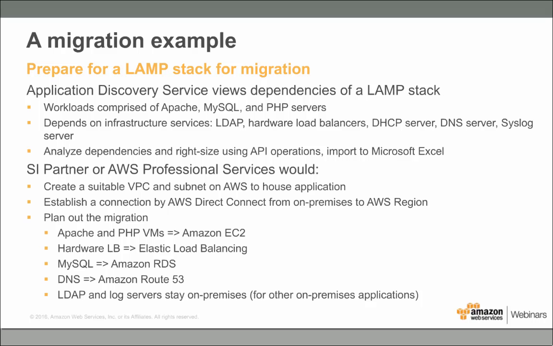We will set up a connection between your on-prem and that target state AWS environment. And then we'll plan migrating into AWS, which could be running your Apache or PHP on Amazon EC2. You can swap out your hardware load balancers with ELB and MySQL with DNS and so on and so forth. So this is a typical example of a LAMP stack right from discovery to migration into AWS.